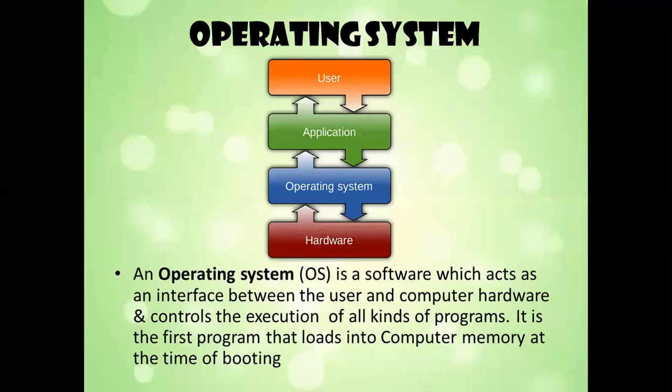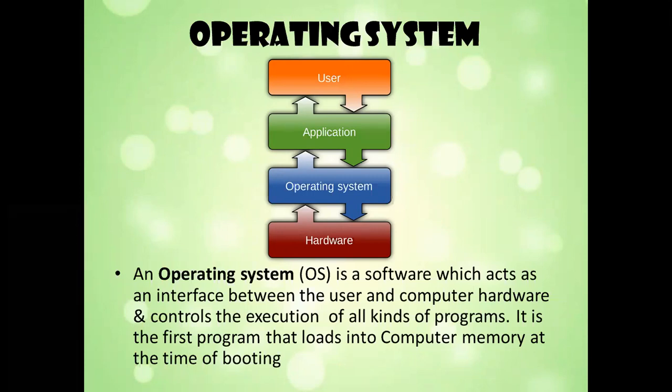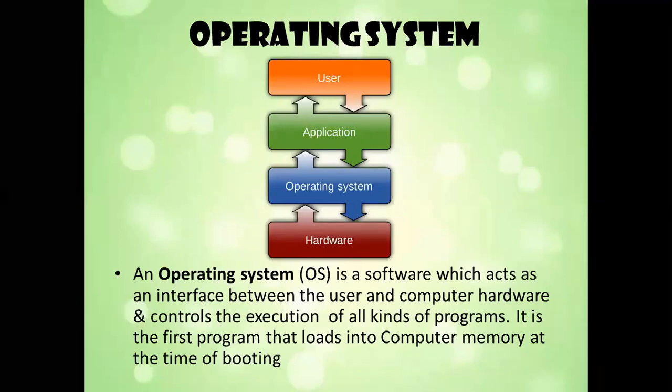What is an operating system? An operating system is an interface between the hardware parts of the computer and the software parts of the computer. Because a computer is just a machine, it cannot understand the language which we are speaking. It cannot understand that language directly, so it needs an operating system, a platform in between. Because the computer is a machine, I cannot use the mouse, the keyboard, or any other device directly.